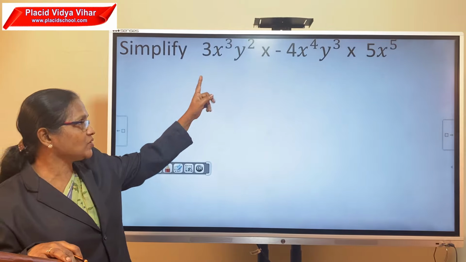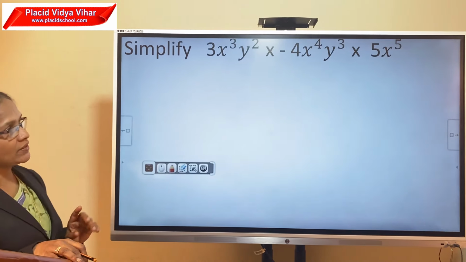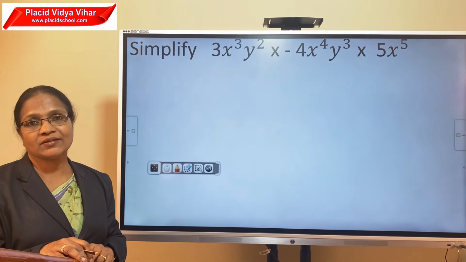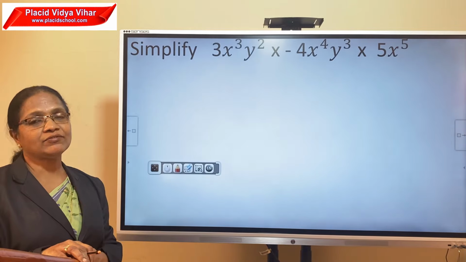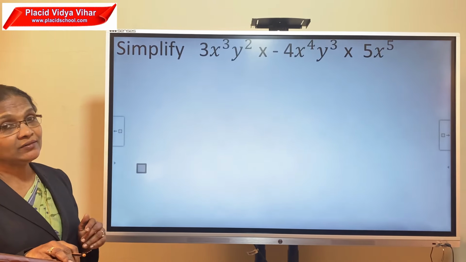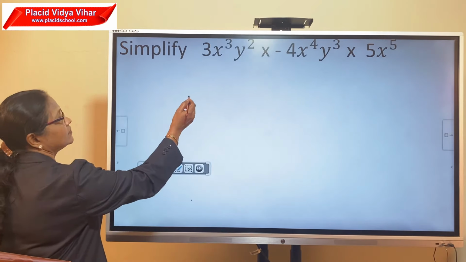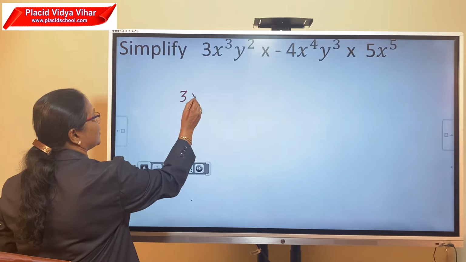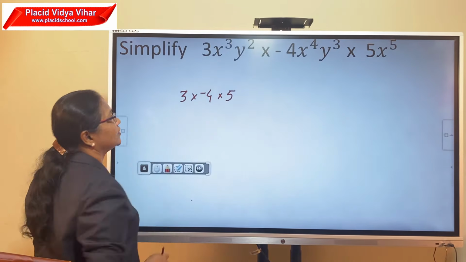Simplify 3x cube y square into negative 4x raised to 4 y cube into 5x raised to 5. To get the numerical coefficient of the product, we have to multiply the numerical coefficients of the monomials. That is 3 times negative 4 times 5.